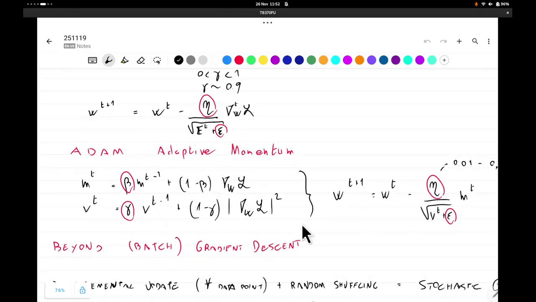And the combination of the two would be the adaptive momentum algorithm, nicknamed, so the short name abbreviation is ADAM, that you find very frequently in libraries.